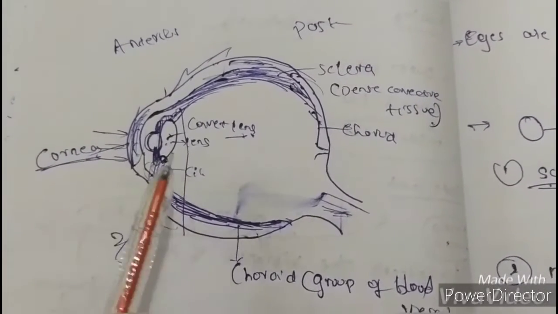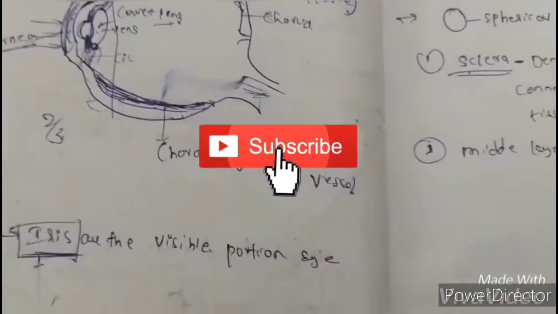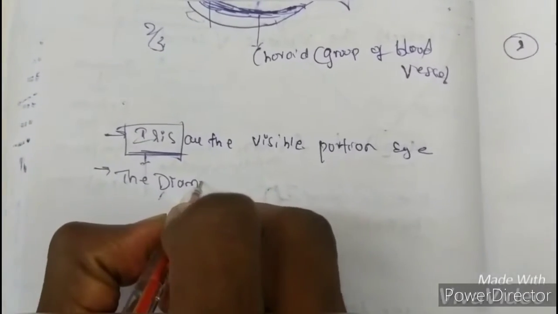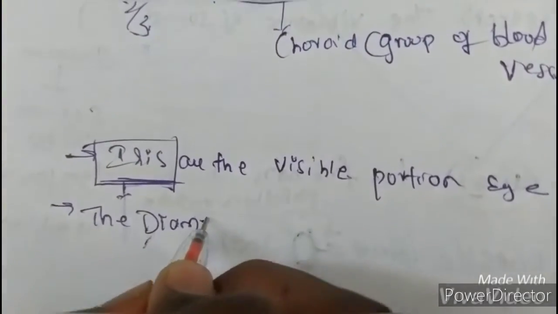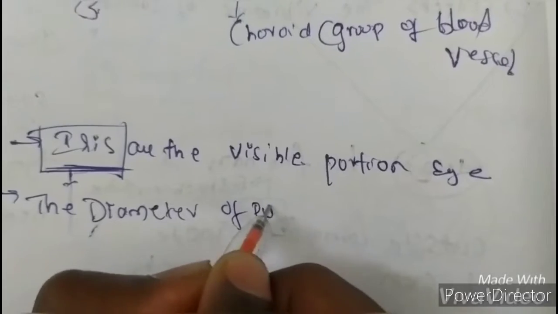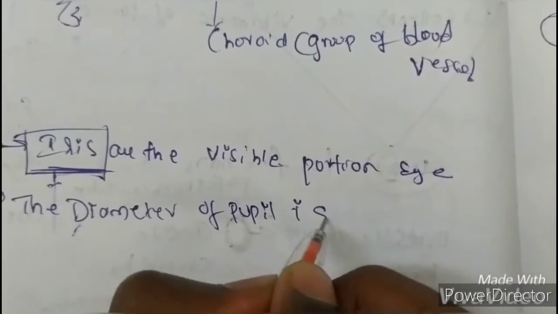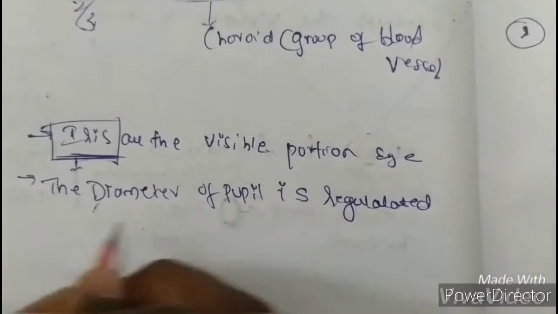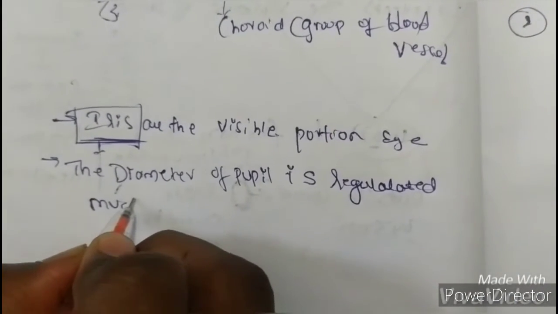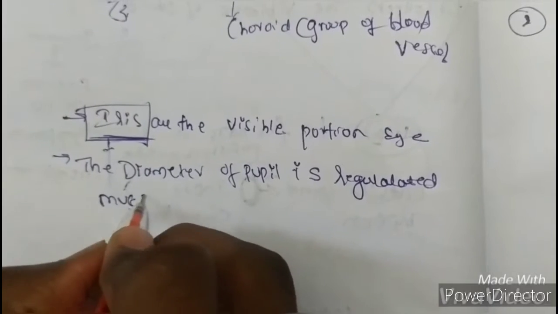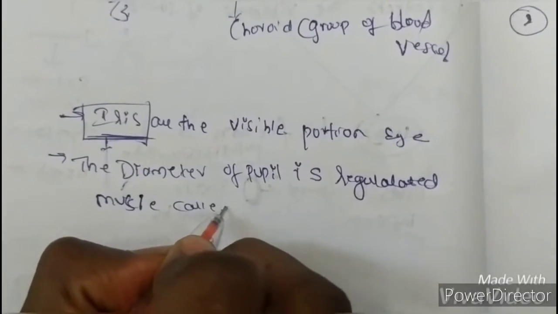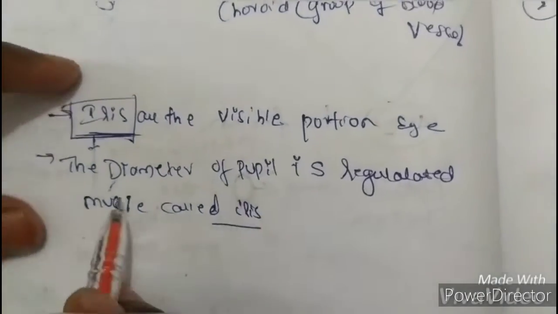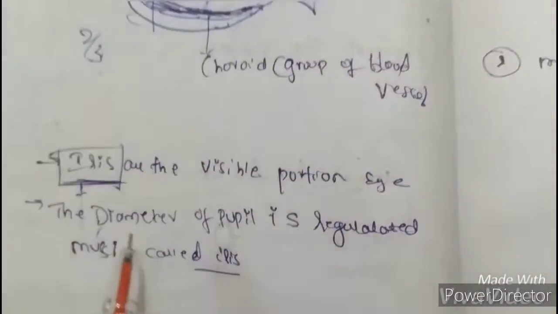The diameter of the pupil is regulated by the muscle fibers called iris. You can see the muscle called iris. Iris will regulate the entry of light through this.